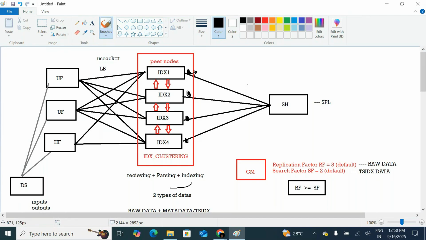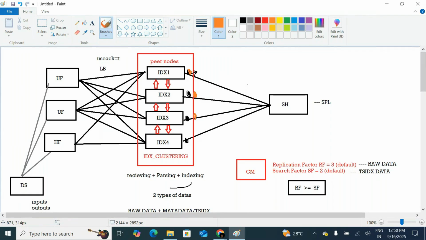I need to maintain three copies. One is the original copy and the other ones are duplicate copies. This is our original copy, and for it I create two duplicate raw copies. Three, no? One is original and the other two are duplicates.